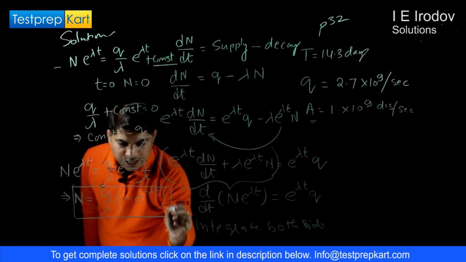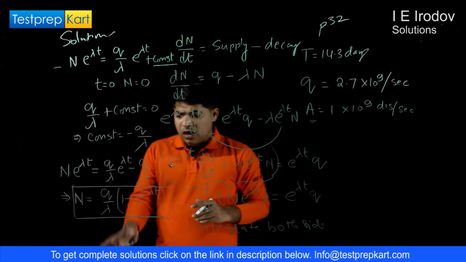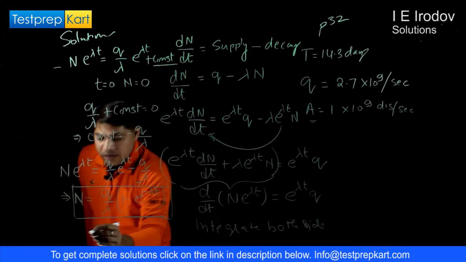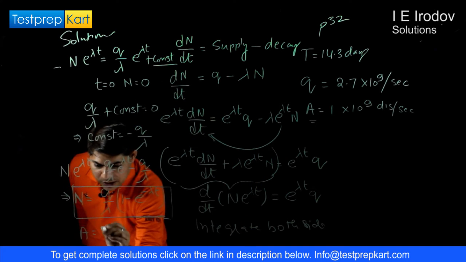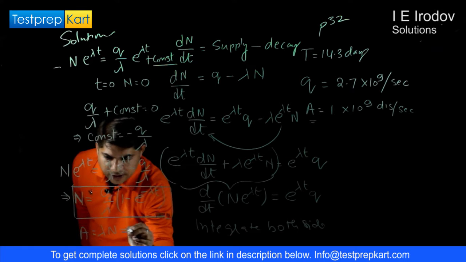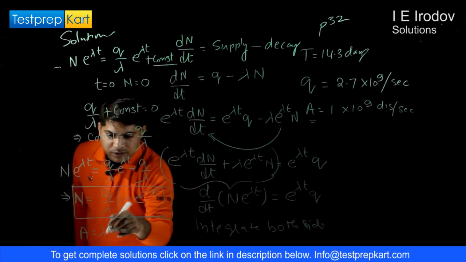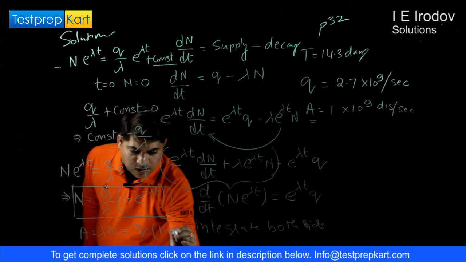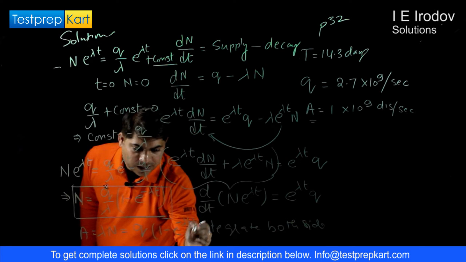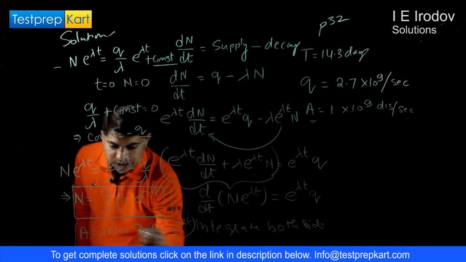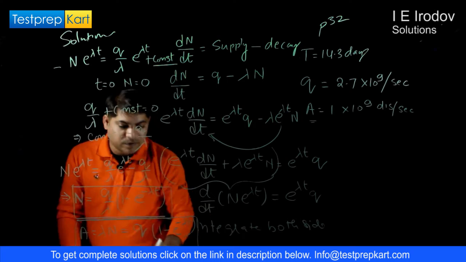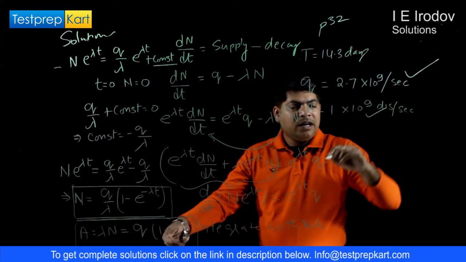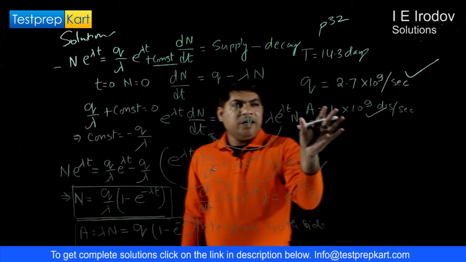This is our final expression. Now we can calculate the activity of this sample. Activity equals λN, so substituting N, we get A = Q(1 − e^(−λt)). This is our final relation between the supply rate of the nucleus and the activity we wanted.